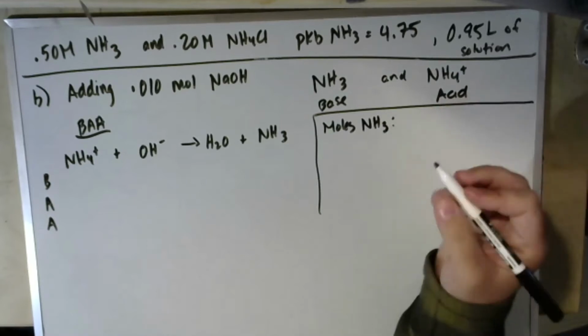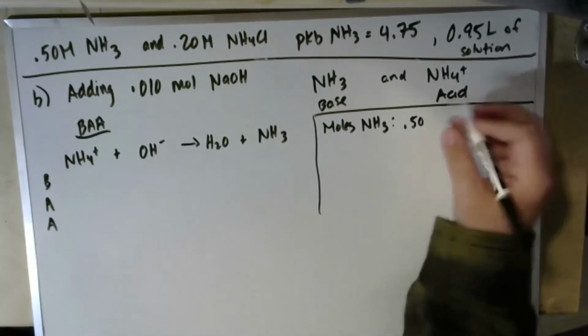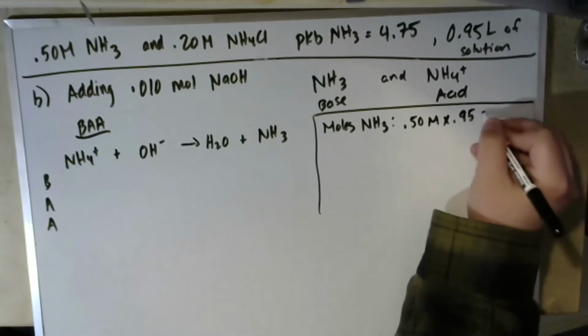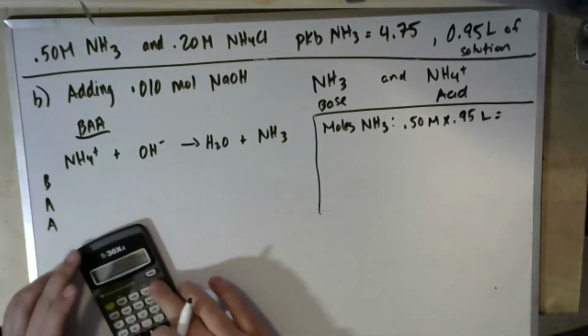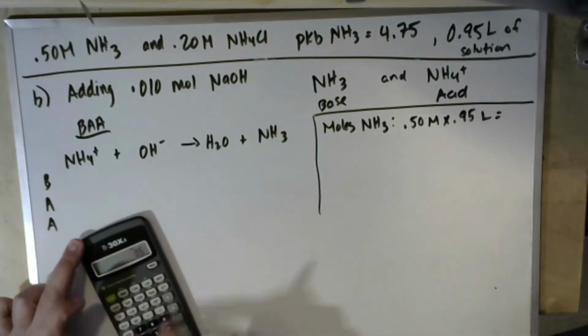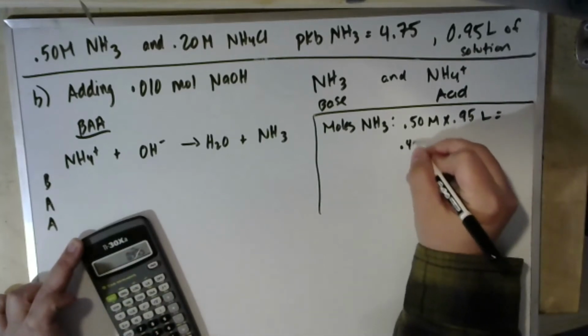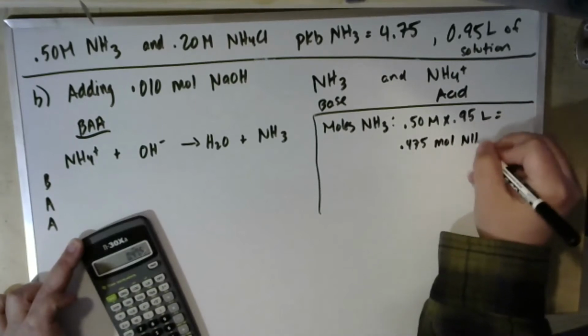So the moles of NH3, we have 0.5 molar times 0.95 liters. So we're going to have 0.475 moles of NH3.